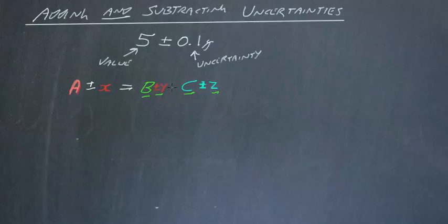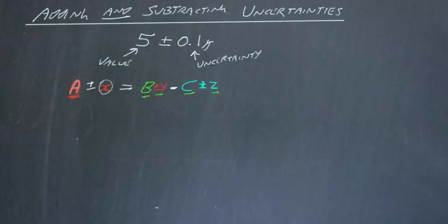Let's say that we've subtracted C from B, and we've found the value of A, so we know what the value of A is. So our only unknown right now is the value of X. So how do we determine the uncertainty of X when we know the values and uncertainties of the numbers that have gone into this?